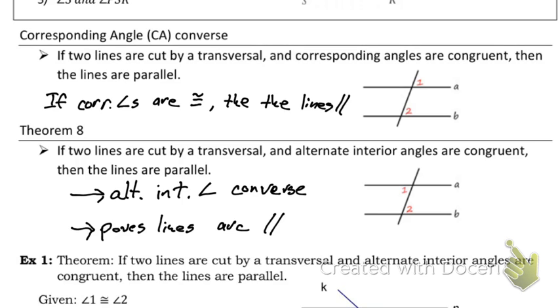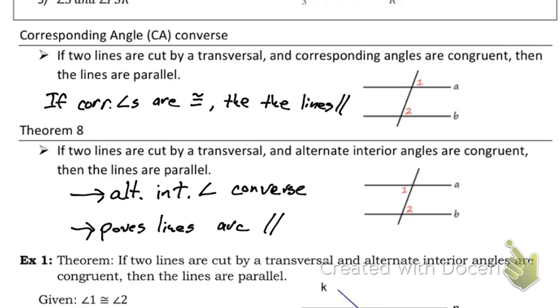Look at Theorem 6. Theorem 6 and Theorem 8 are almost the same. They're just in opposite orders. Theorem 6 says if lines are parallel, then alternate interior angles are congruent. Theorem 8 says if alternate interior angles are congruent, then the lines are parallel.